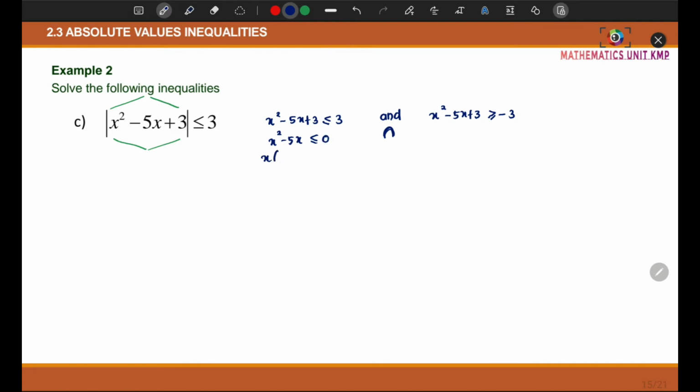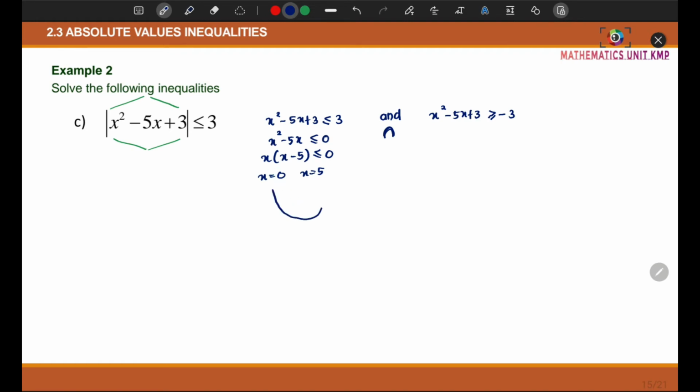So factorize. Then we have the root x equal to 0 and x equal to 5. Okay, you have learned quadratic inequalities from the previous lecture. So for this absolute value inequalities, we will use the quadratic inequality. We solve it by using graphical approach.